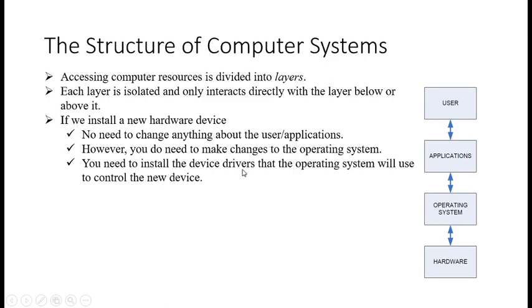You need to install a device driver that the operating system will use to control the new device. That means the operating system has to get a device driver, which acts as the device controller. The device driver gives the information about the device, like a mouse, keyboard, any USB device like a Bluetooth device or Wi-Fi device, or the printer.